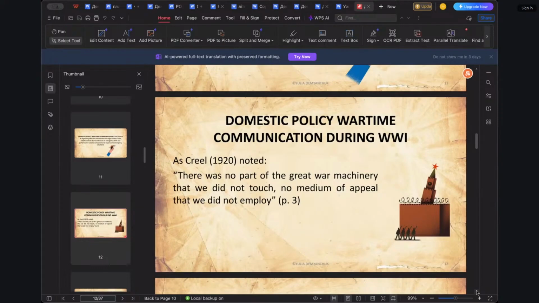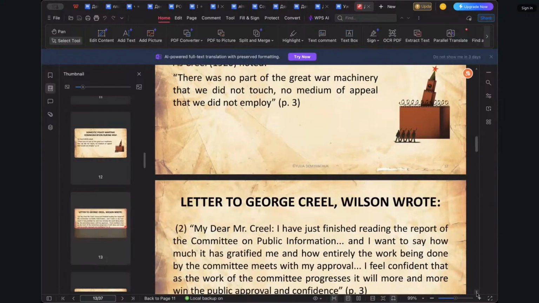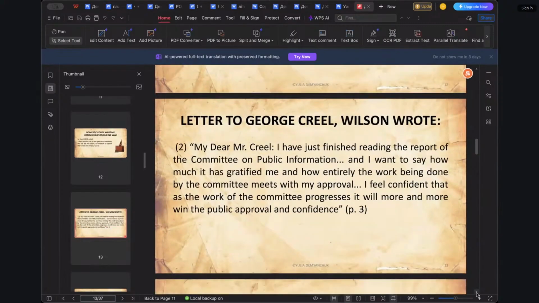Official support of this activity is shown in the archival document of the United States Committee on Public Information, Woodrow Wilson collection, 1918, on the activities of the Committee on Public Information, in which President Wilson expressed his approval of Creel's work and the committee's mission. In this letter to George Creel, Wilson wrote, and you see the extract from the archival document.